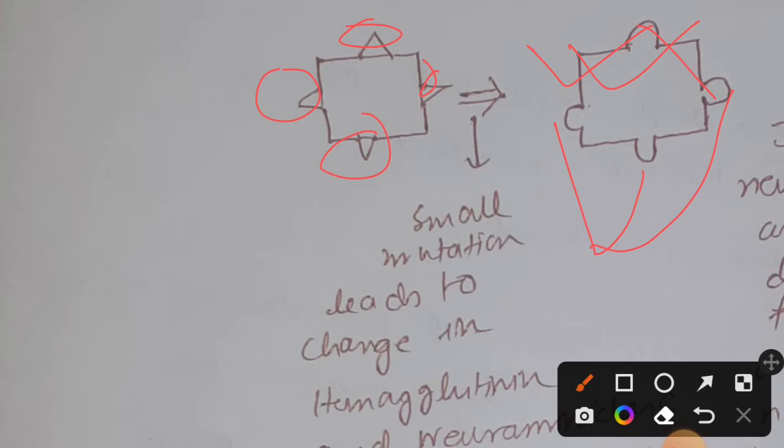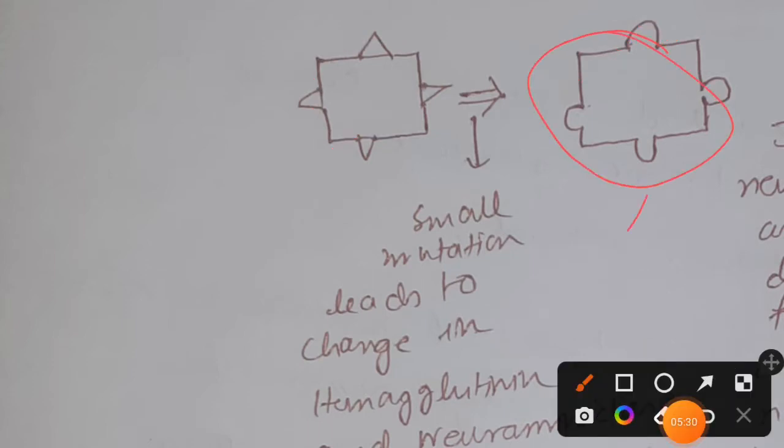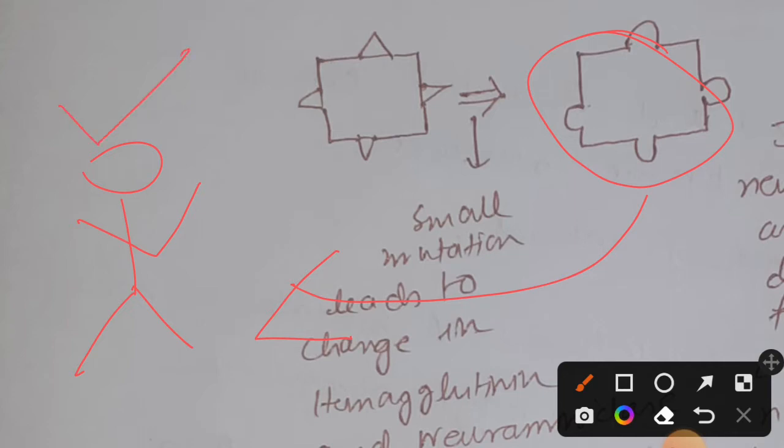As a result, when this virus interacts with the same person that it infected earlier, can the antibody developed by that person's immune system protect the person from this virus?